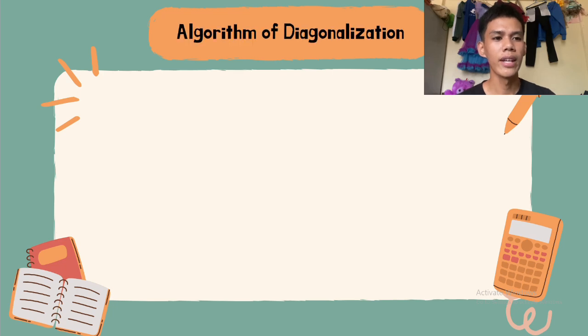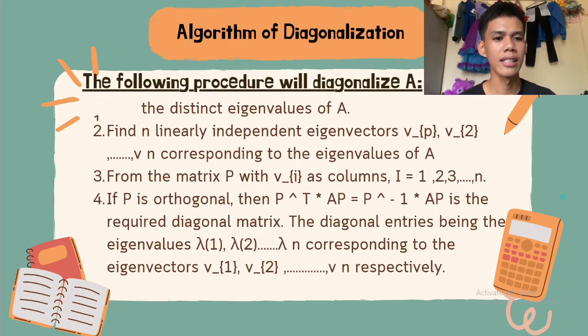Algorithm of diagonalization. The following procedure will diagonalize a matrix A. 1. Find the distinct eigenvalues of A. 2. Find the linearly independent eigenvectors v1, v2, ..., vn corresponding to the eigenvalues of A. 3. Form the matrix P with the vi as columns.